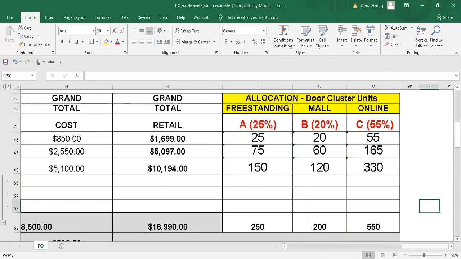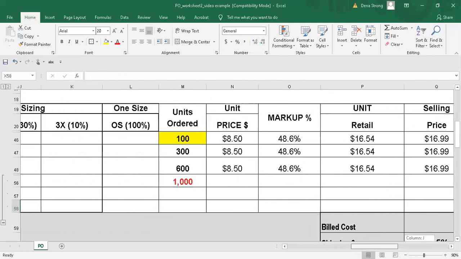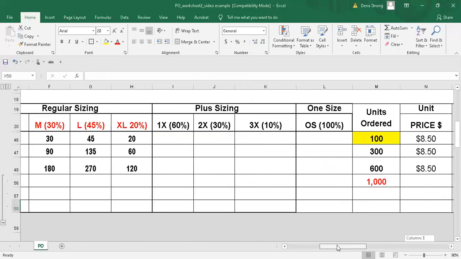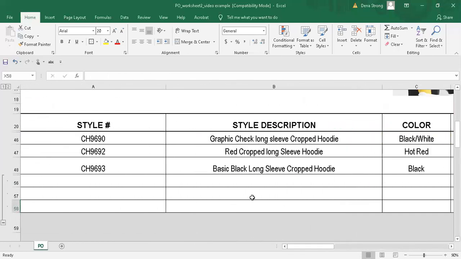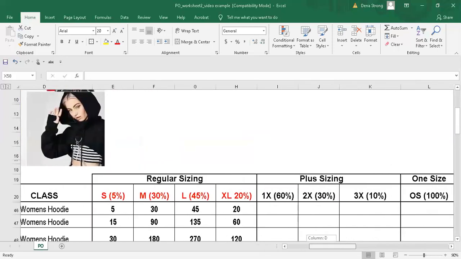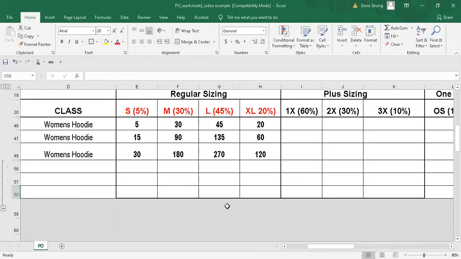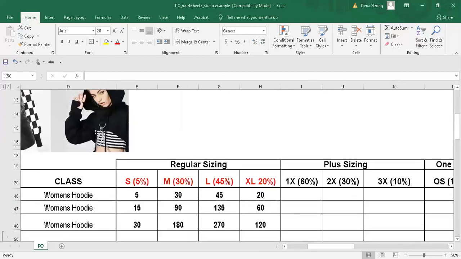Okay, so after your purchase order is complete and your merchandise is shipped, this starts a complete ball rolling. The vendor is creating your product and shipping your product. When the product arrives into your stores, you can decide if you want to run a special promotion in your stores, whether it's the mall store or the freestanding store.